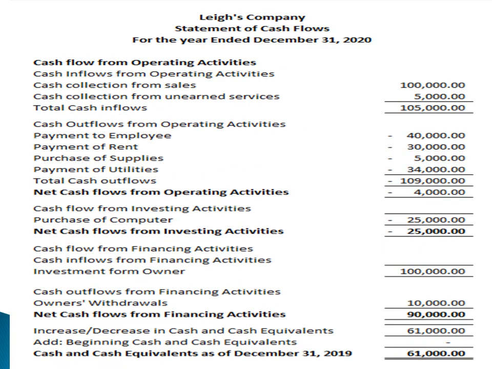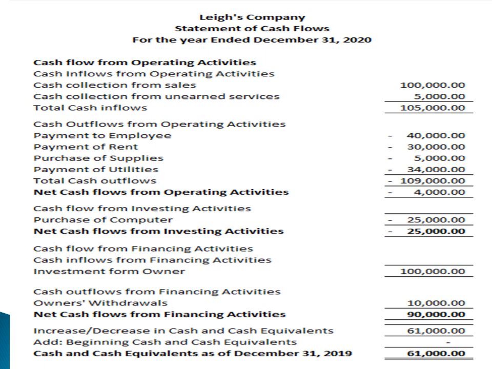So we have now cash inflow from operating activities. We have cash collection from sales. Remember our sales is 175,000, but we have receivable of how much? 75,000. Okay, 75,000. So we have 100,000 collection from sales.